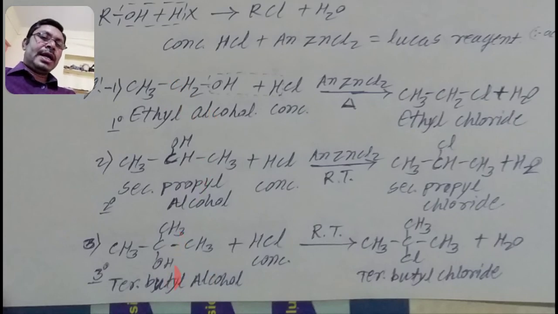So when concentrated HCl reacts with tertiary butyl alcohol, there is a replacement of the OH group by chlorine. The OH combines with the hydrogen to give a byproduct H2O. That means we get a new compound, tertiary butyl chloride. In this way, there is a replacement of the OH group by a chlorine atom.